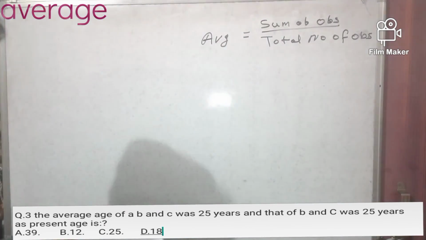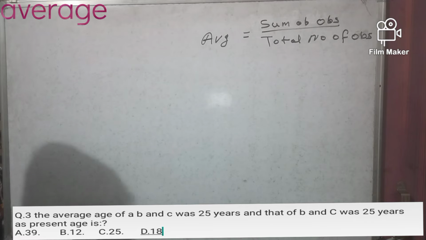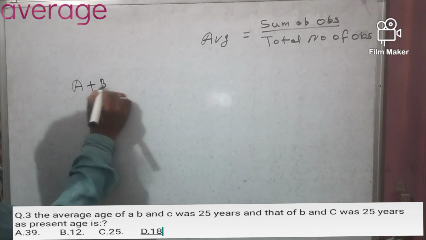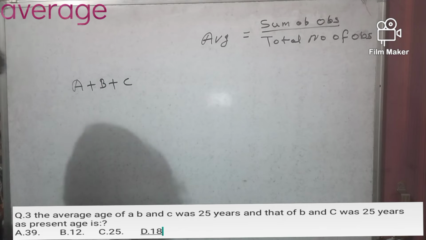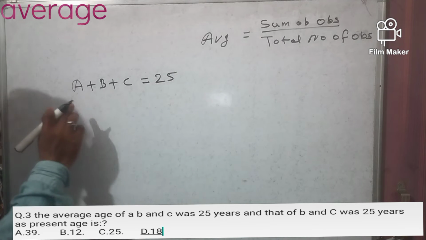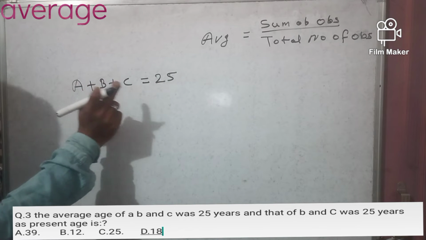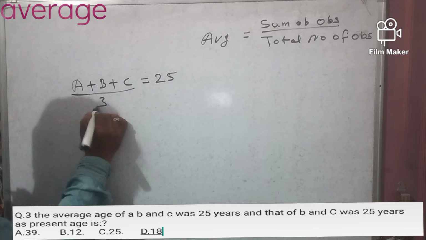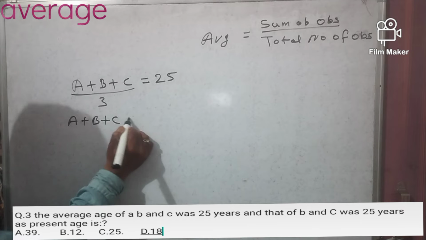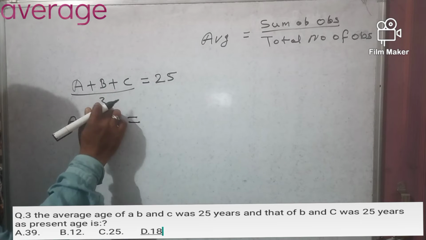So now see here. A plus B plus C, average age is 25. There are 3 men A, B and C. So divide by 3. So A plus B plus C is equal to 25 into 3.